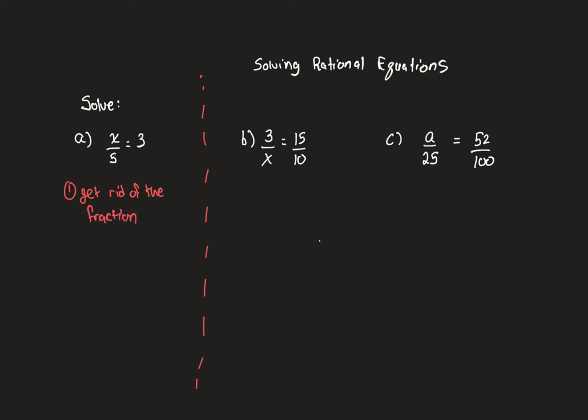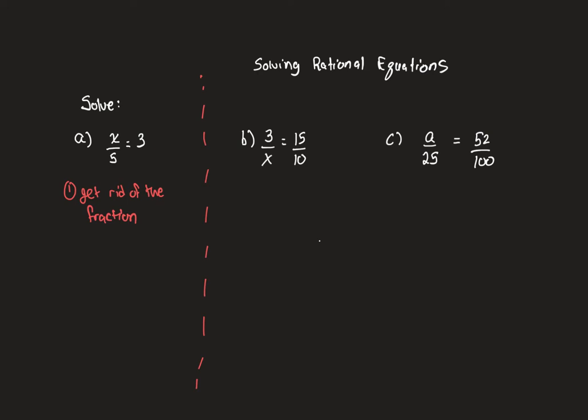Now, a fraction at the end of the day is essentially division. And to get rid of something, just like you learned in the solving linear equations video, you're always doing the opposite operation. So what's the opposite of division? Multiplication. So I would multiply both sides by what we call the lowest common multiple.